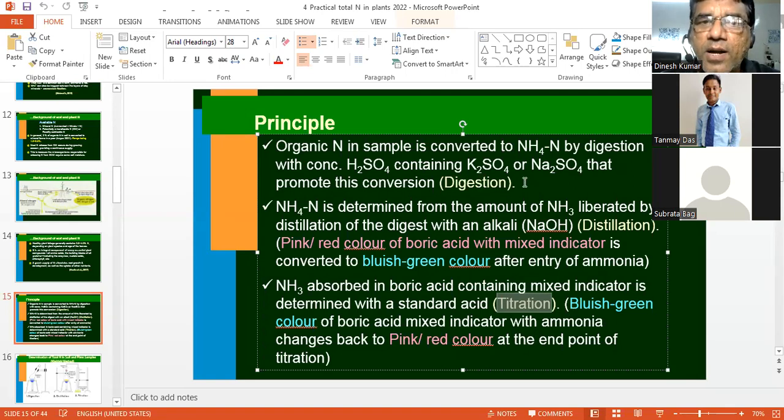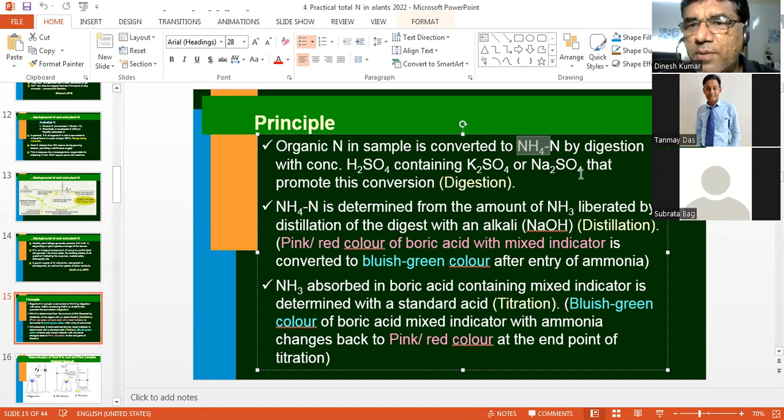So in digestion, how is it done? Organic nitrogen in the sample, that is mostly protein, is converted to ammoniacal nitrogen by digestion with concentrated sulfuric acid. The sulfuric acid will oxidize and decompose the carbon of the organic material.